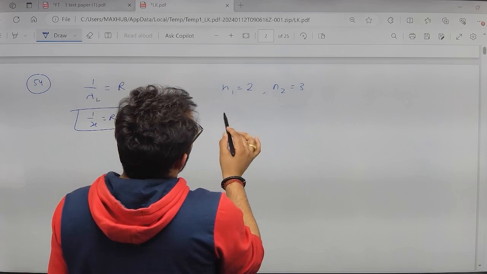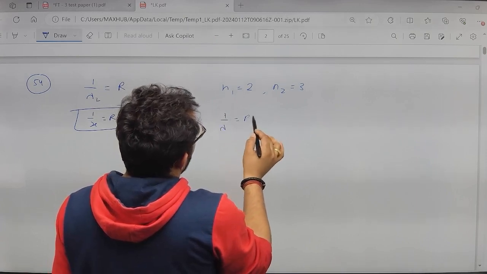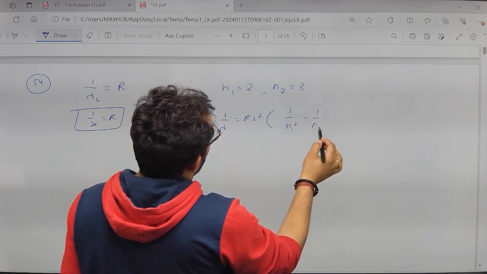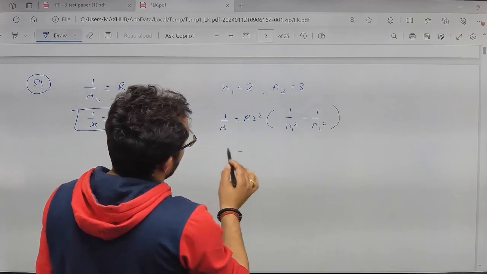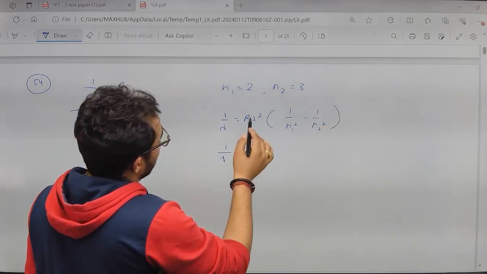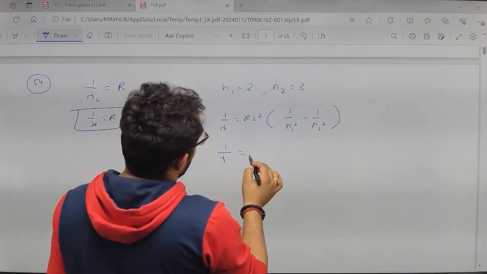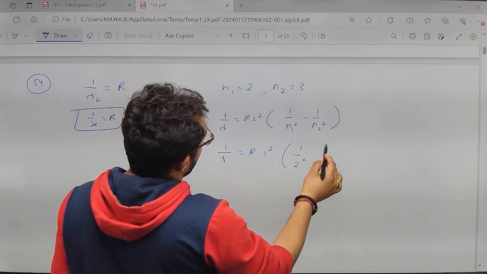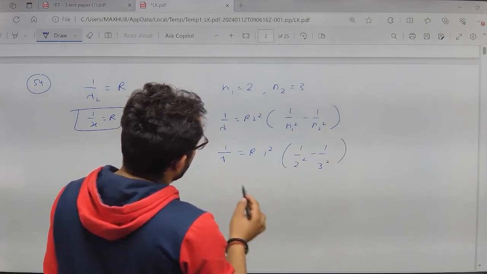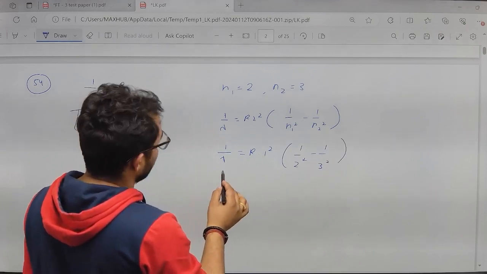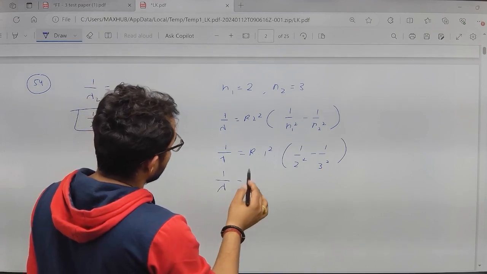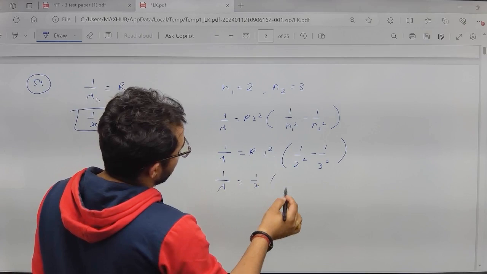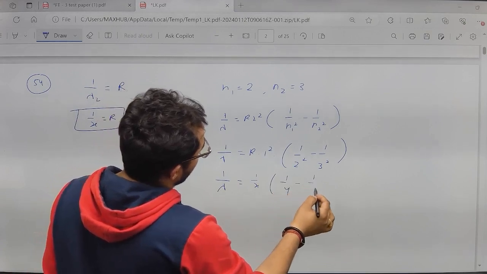Now 1 upon lambda is equal to Rz square, 1 upon n1 square minus 1 upon n2 square, that is 1 upon 2 square minus 1 upon 3 square. In place of R, I am going to put 1 upon X. Z square, that means 1. 1 upon 4 minus 1 upon 9. Okay.